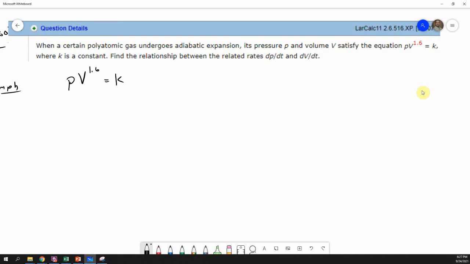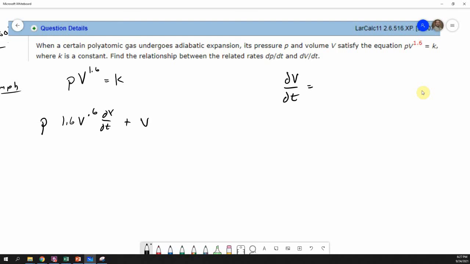So we're going to take the derivative, and the problem tells us to find dV/dt. So we're going to take this. This is a first times the derivative of the second. So first times the derivative of the second, which is 1.6V minus 1, so to the 0.6, times dV/dt, right?